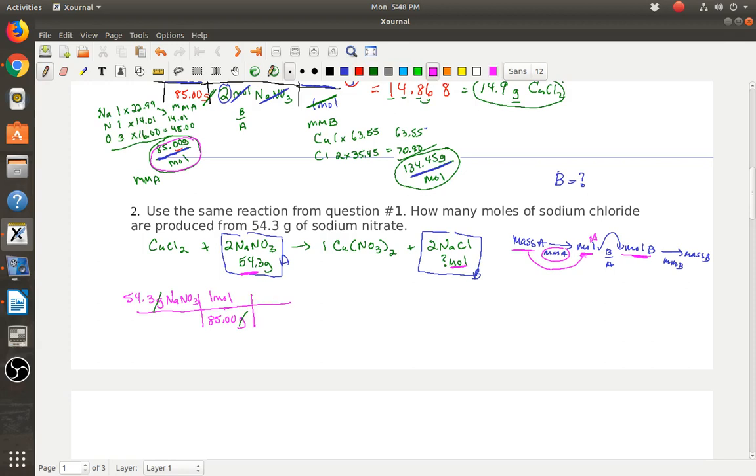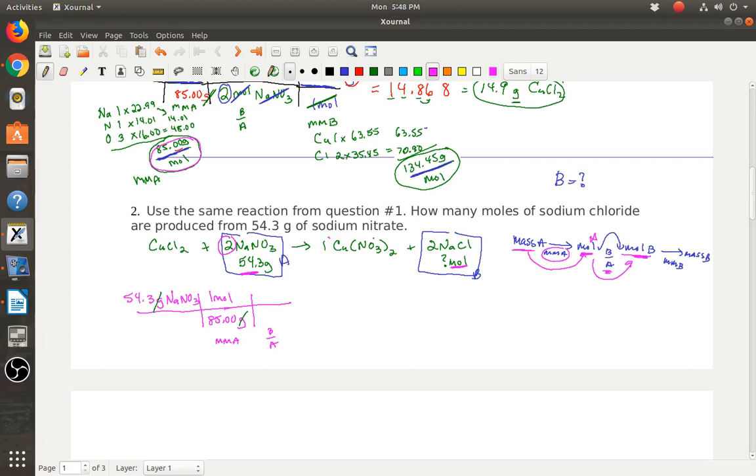And now I have moles of molecule A. But I want moles of B, so I need the molar ratio B over A. Here, this is where I used the molar mass of molecule A. Remember again, the molar mass does not include the ratio. The ratio is in the coefficients.